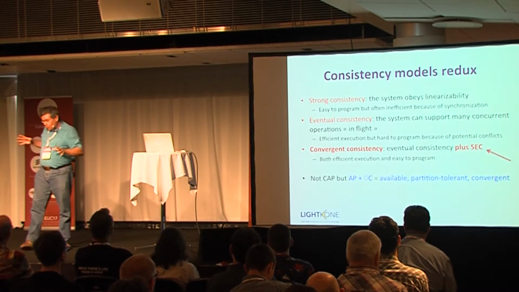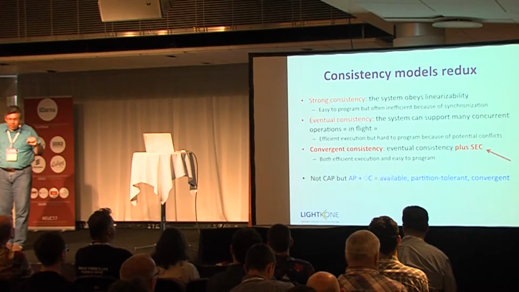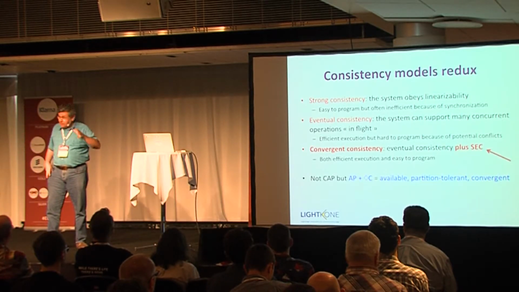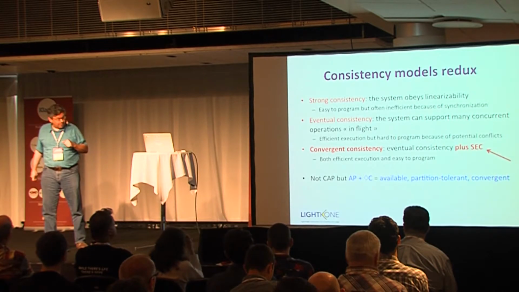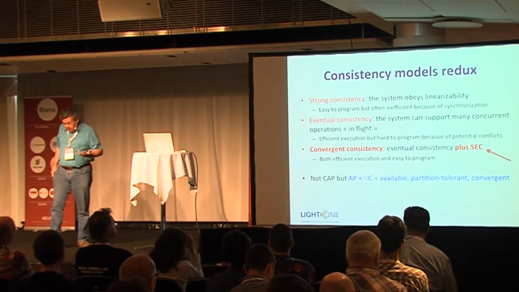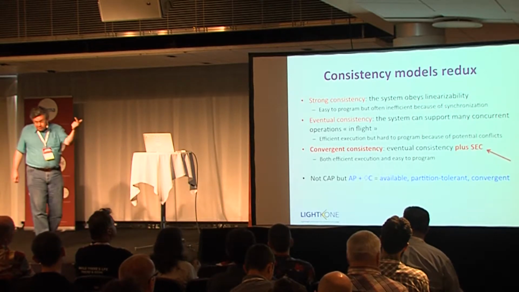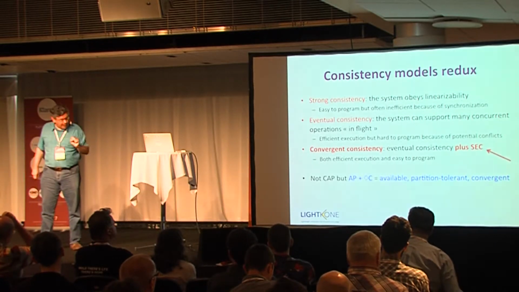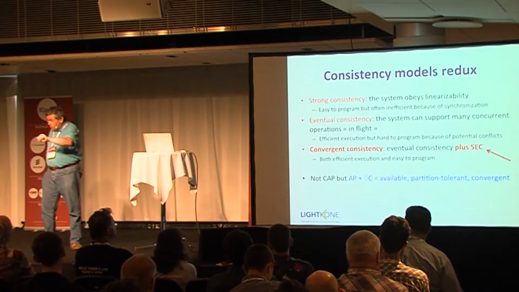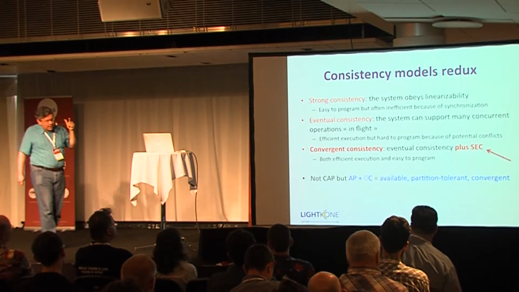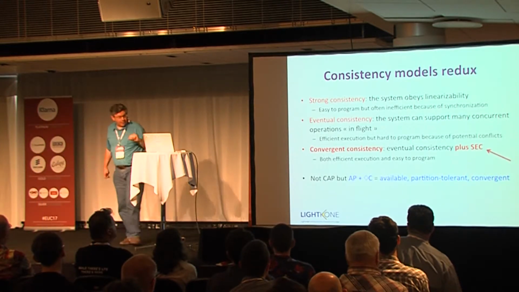But within some fairly small constant factor, it's as efficient as eventual consistency, and it's as efficient in terms of latency. So we can't beat the CAP theorem. We can't have consistency, availability, partition tolerance at the same time. But what we are giving you now is availability, partition tolerance, and convergent consistency, okay?